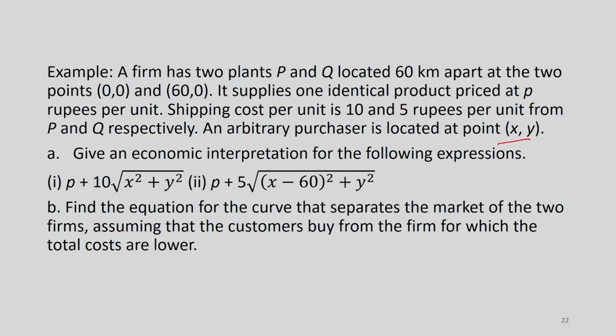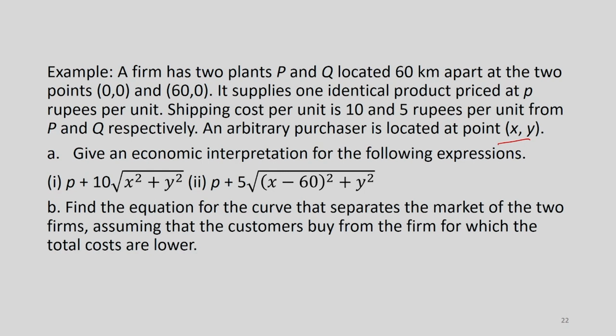Find the equation for the curve that separates the market of the two firms, assuming that the customers buy from the firm for which the total costs are lower. So, we have to find the equation for the curve which separates the market of two firms.